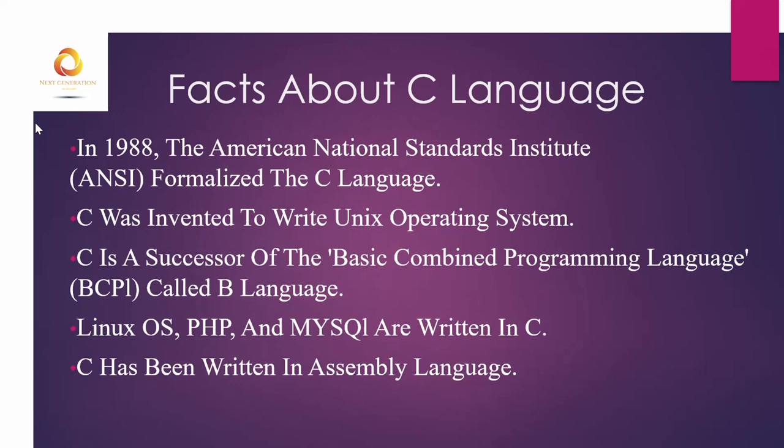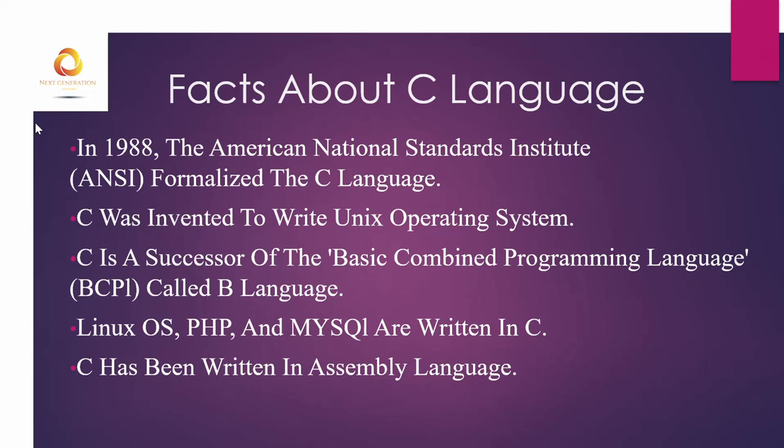And C is a successor of the Basic Combined Programming Language. So it means that C was written as a replacement of another programming language called Basic Combined Programming Language, called the B language. So before the C language, there was a B language.